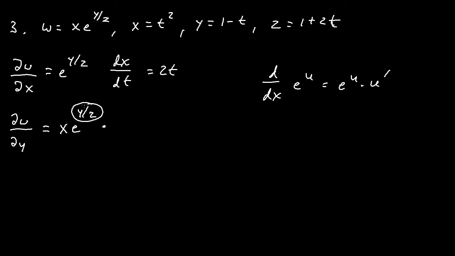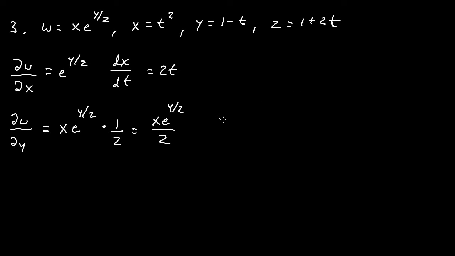So if y is the variable, the derivative of y over z is simply 1 over z. So then we get x e to the y over z over z. And so now dy/dt is going to be equal to the derivative of 1 minus t, which is simply negative 1.